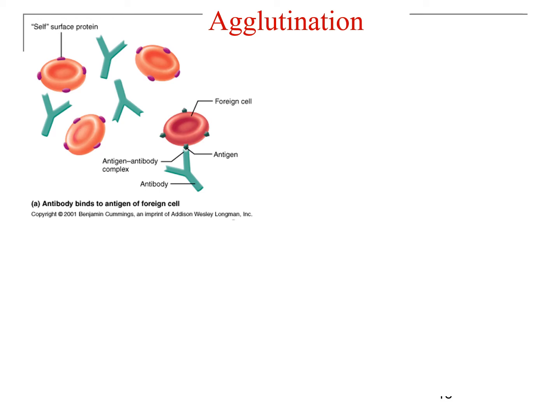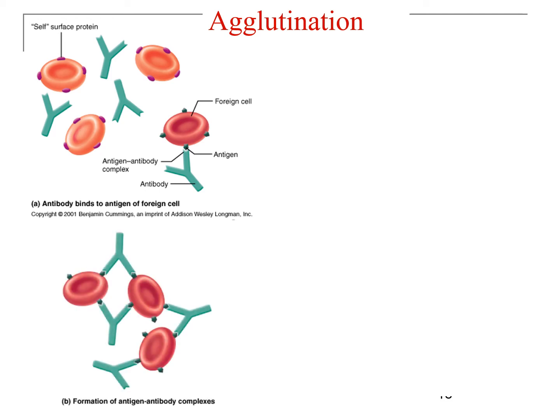And that antigen, unfortunately, matches the antibody that the self person has produced. So what happens is these antigen and antibody complexes start forming, where red blood cells actually stick to antibodies and they get stuck to one another. And this is where agglutination or clumping actually happens.